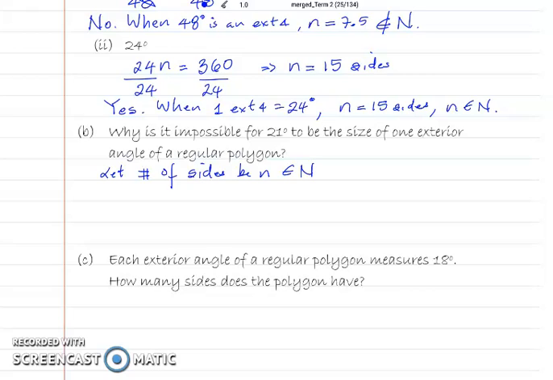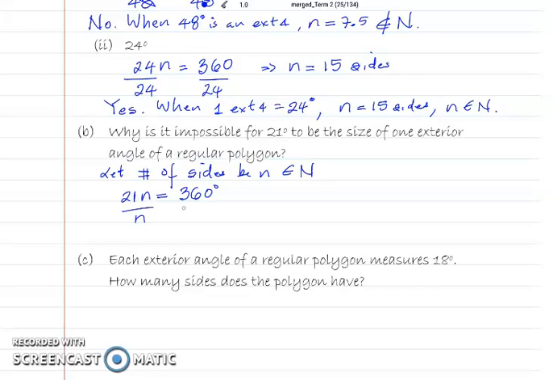So if one exterior angle is 21, the sum of the exterior angles would be 21n, and the sum of the exterior angles of all polygons is 360 degrees. Let me say that again. If one exterior angle is 21 degrees, the sum of the n exterior angles would be 21n, and the sum of the exterior angles of all polygons is 360 degrees.